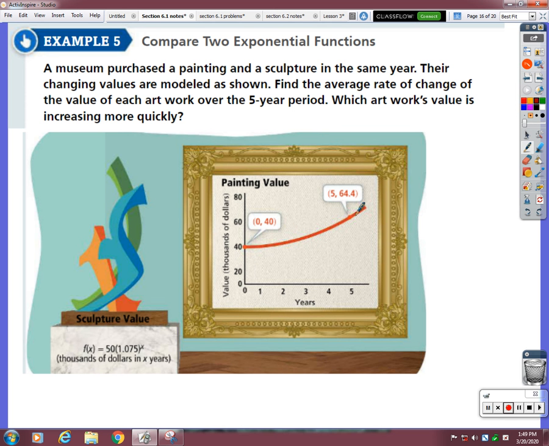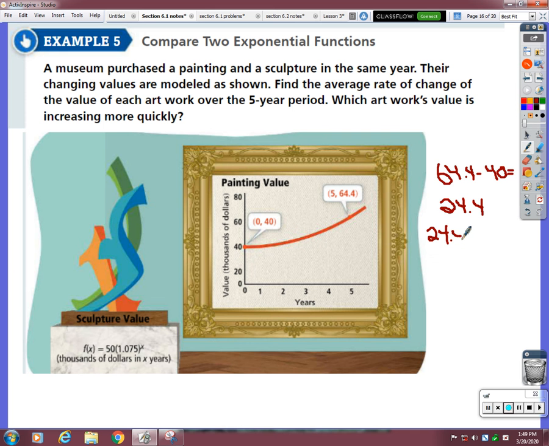So I'm going to do this one first because it's a little bit easier. So in this case, the value of the painting went up. 5 years later, it was worth $64,400. It started at $40,000, so that means its value went up by $24,400 over the course of 5 years.